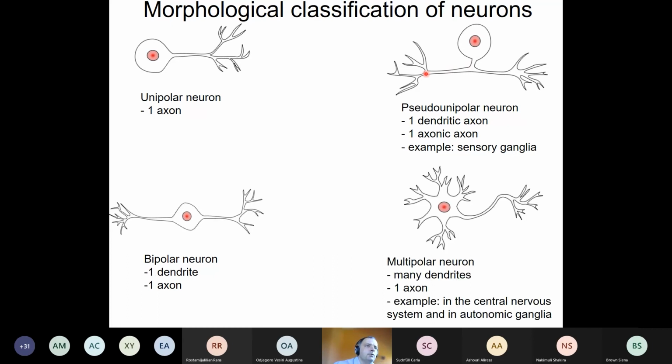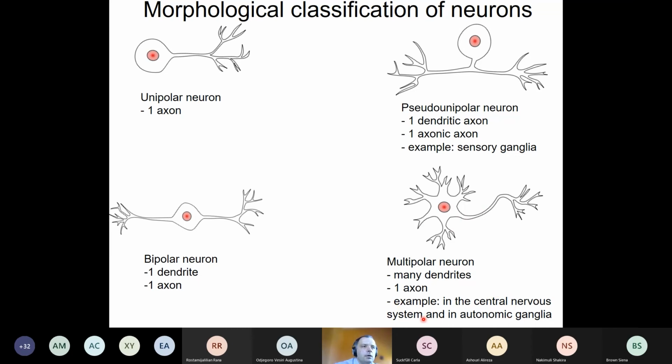And the fourth type of neurons is that which I introduced in the earlier slide of mine. So a multipolar nerve cell with a soma, with processes, dendrites, usually you have many, but at least more than one. And then you have an axon, which goes usually to a far area. And for this, you can give as an example the cells in the central nervous system.